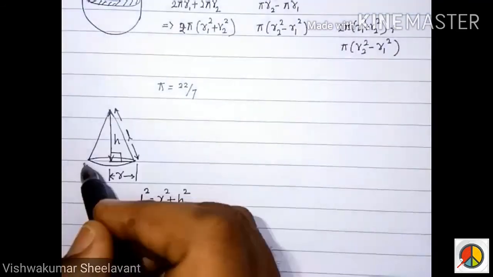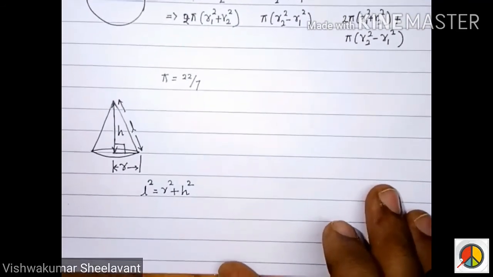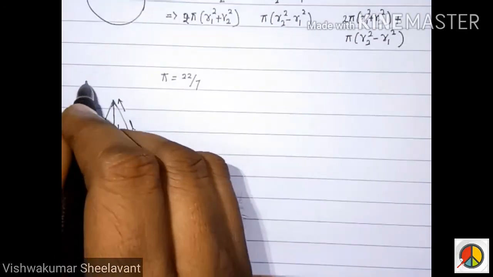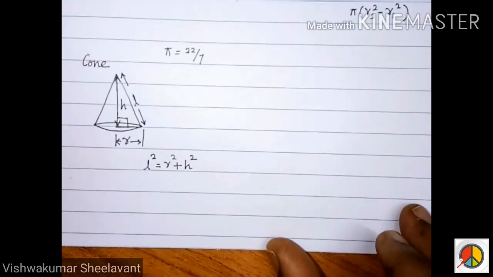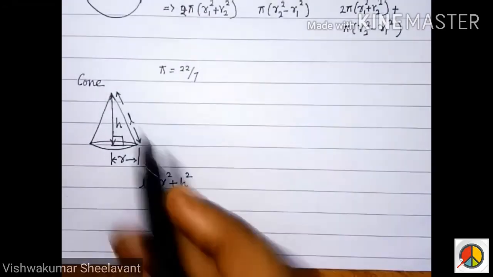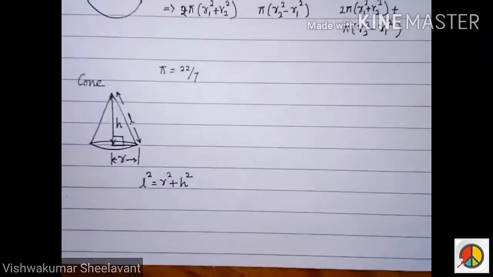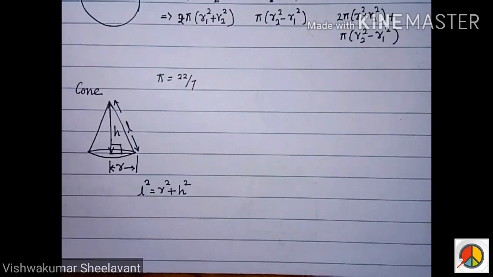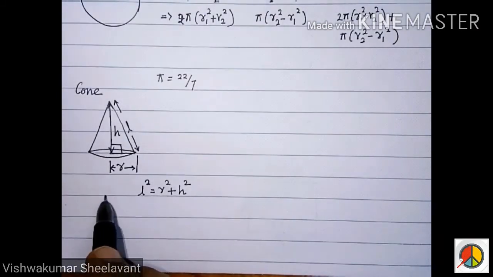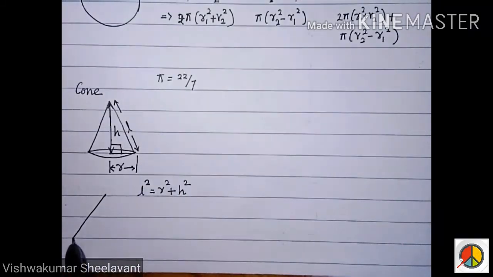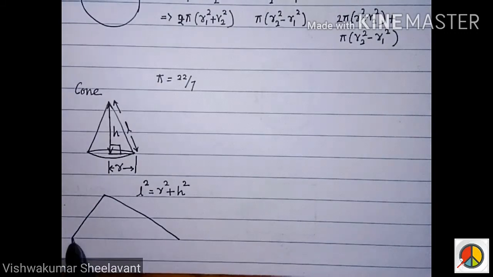What is CSA of the cone? Do you remember? We already studied that in 9th standard. If we cut open the CSA, it looks like almost a triangle.